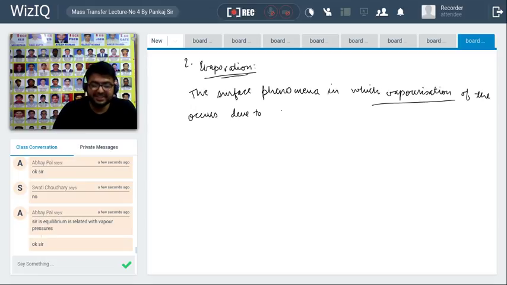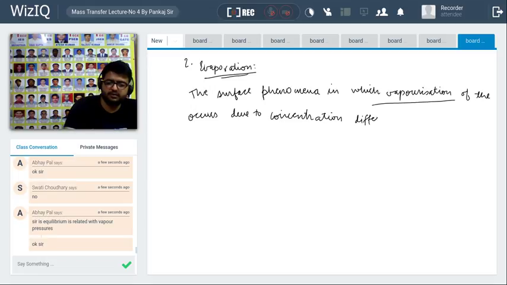So evaporation is a surface phenomenon in which vaporization of the liquid occurs due to concentration difference.